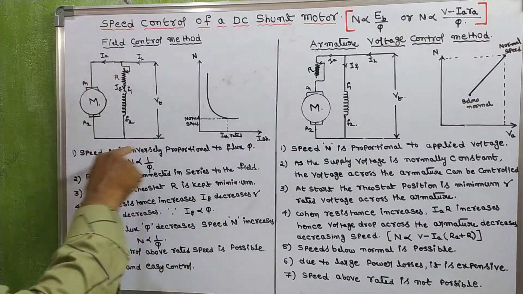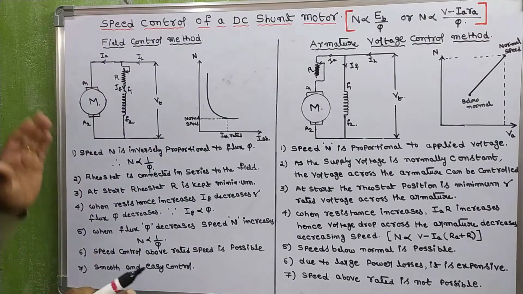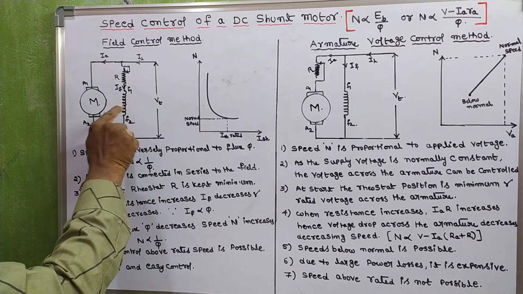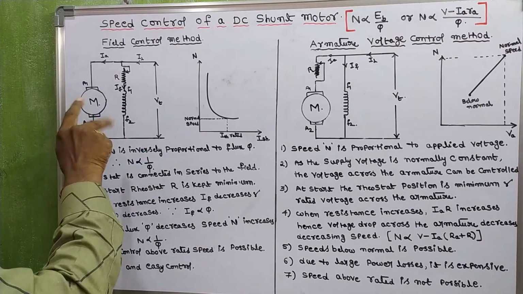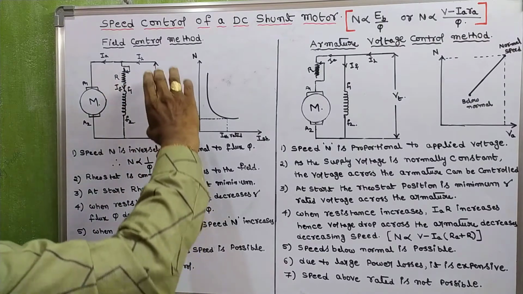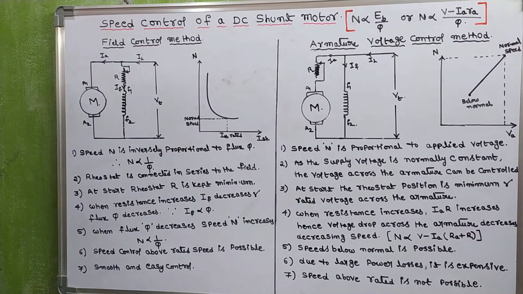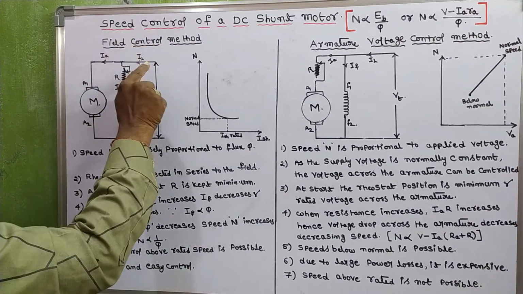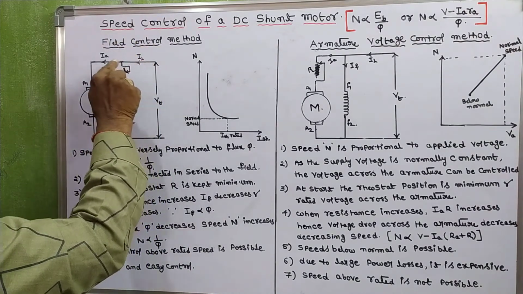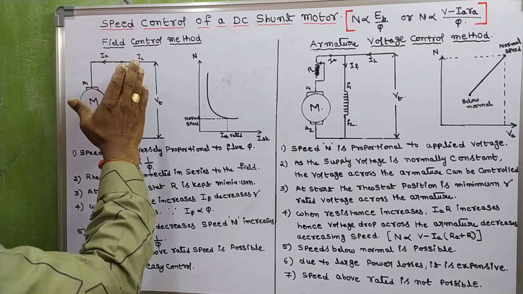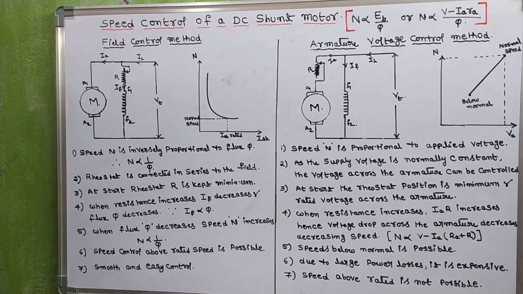So coming to field control method or flux control method, this is the diagram. This is the field, which is connected in parallel or in shunt. When we give the supply to the DC motor, the line current flows through the armature as well as the field.